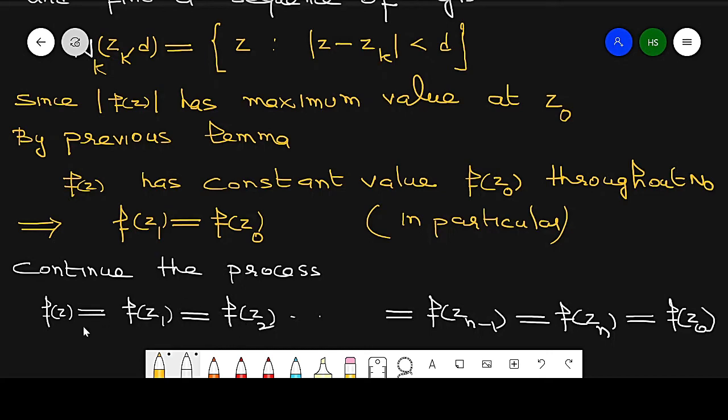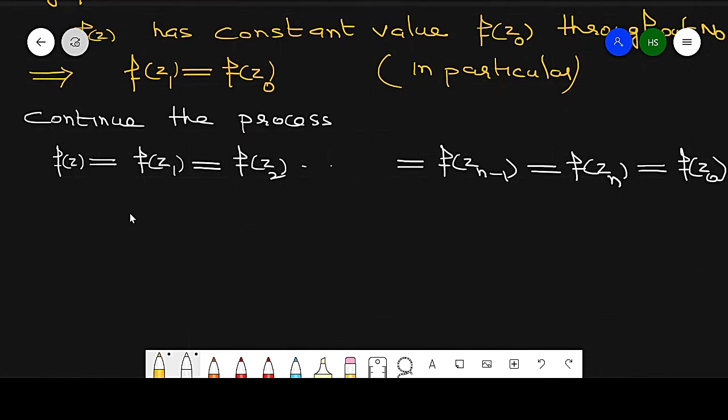So it implies f of z is constant, because it has the same value everywhere.